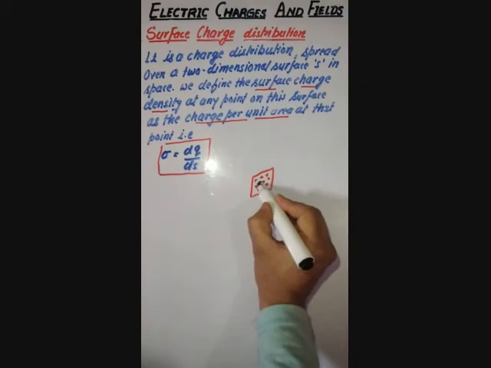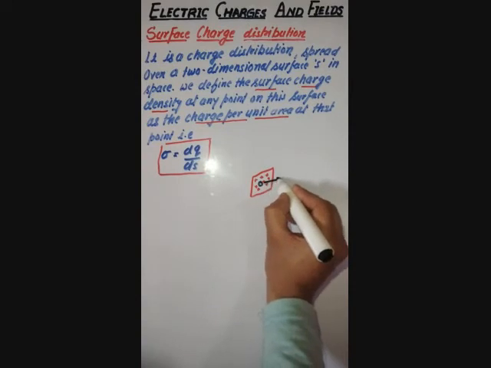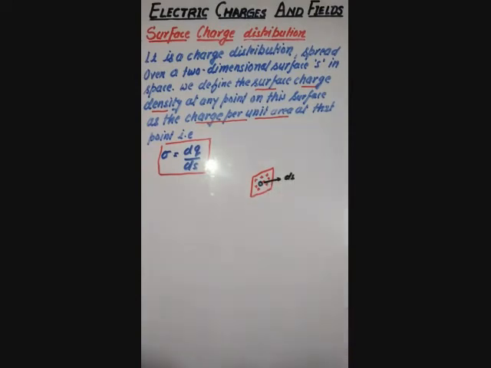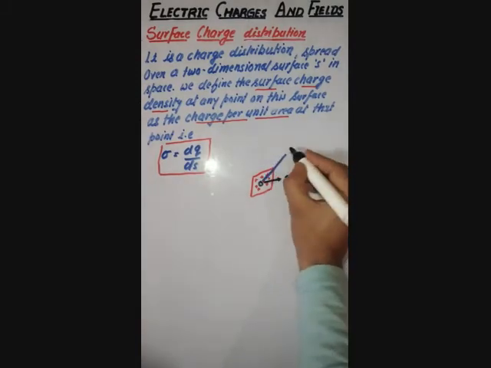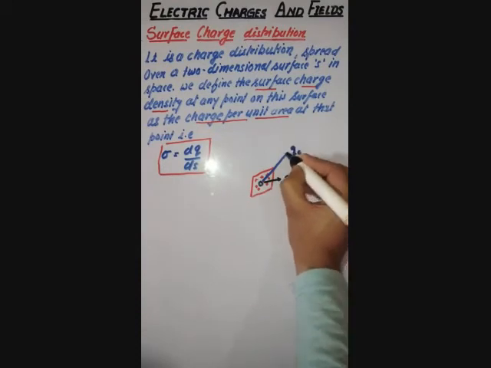We take a small surface element ds. At a distance of r vector from this surface, there is a small charge q naught.